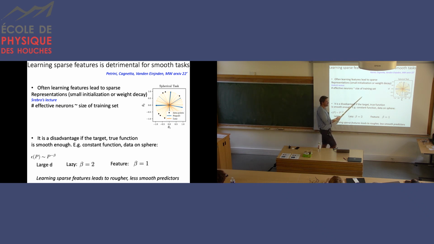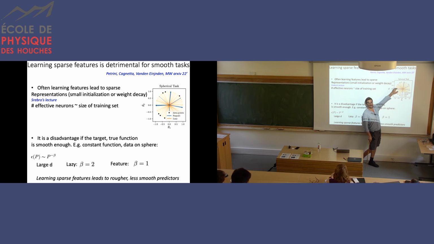What you can argue in this setup, at least when you do L1 regularization, is that the number of effective neurons you get after training should not be larger than the number of data points. And we do find that, even when we initialize the weights to be very small. This is the direction of the neurons. Initially your neurons look in all directions. In the lazy regime, they still look in all directions, but in the feature regime, they collapse and act as just a few neurons.